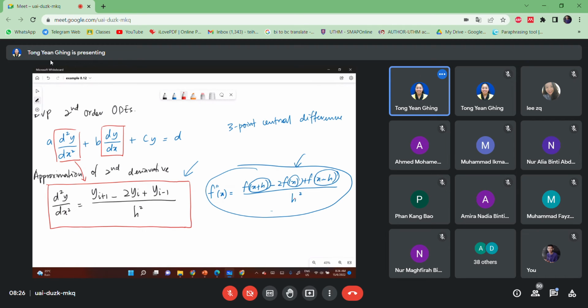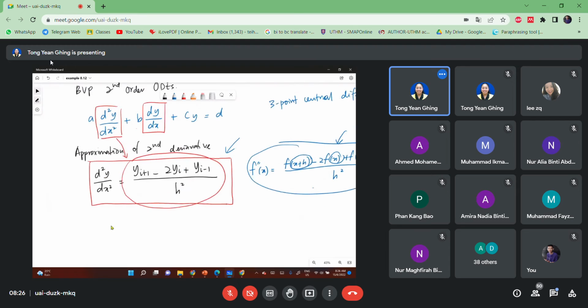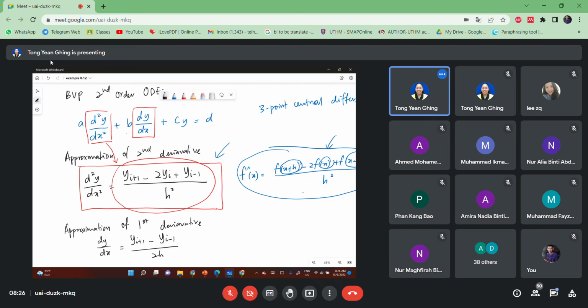Then when I want to approximate the first derivative, dy/dx becomes equal to y i plus 1 minus y i minus 1 divided by 2h.